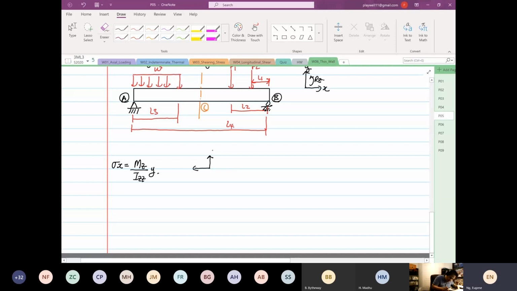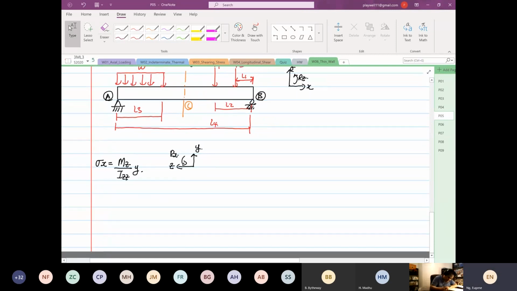Let's look at different cross sections. If this is y, this is z, this is rotation about x. This is cross section number 1.